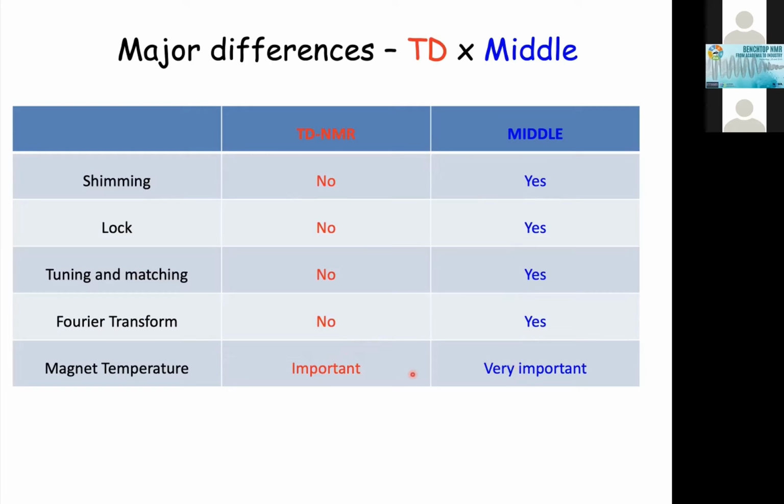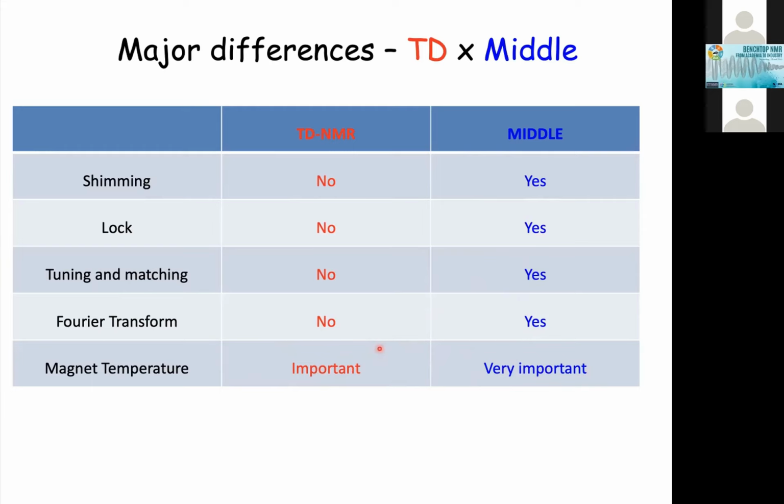Both of them have to have a very good temperature control system, but this one even much better, and also this lock system. Okay, and normally the temperature of this magnet is almost always about 20 degrees above the room temperature.